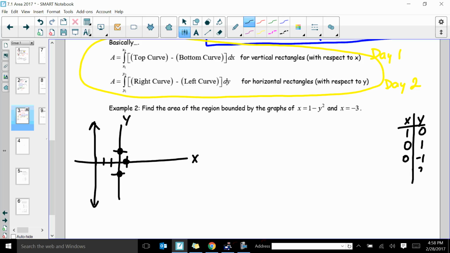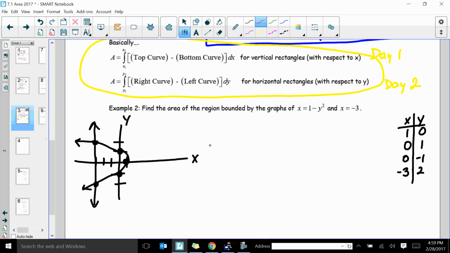If y is 2, 2 squared is 4, 1 minus 4 is -3. So we would plot the point -3, 2, and there's going to be another point down here. And so it's a parabola. If you think about it sideways, it's really a parabola that's reflected left and shifted to the right one. However you do it, you got to do it.